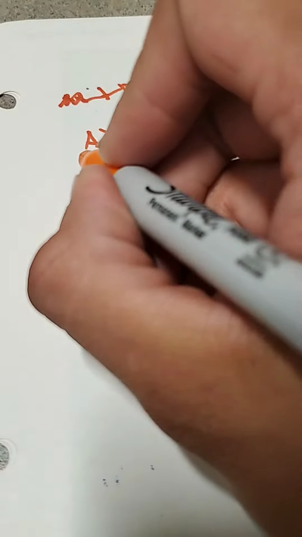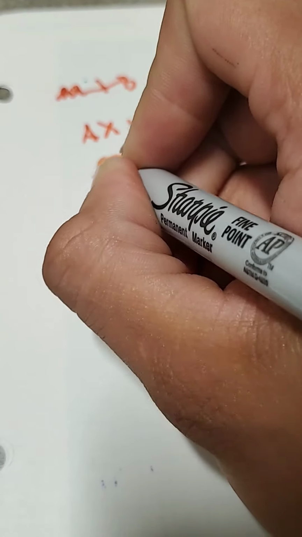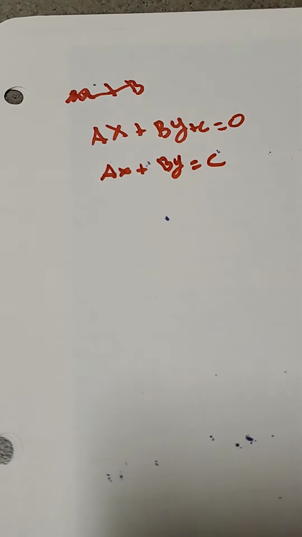But pretty much if we subtract c from both sides, it leaves us with ax plus by is equal to c. Like I said, c is a constant.